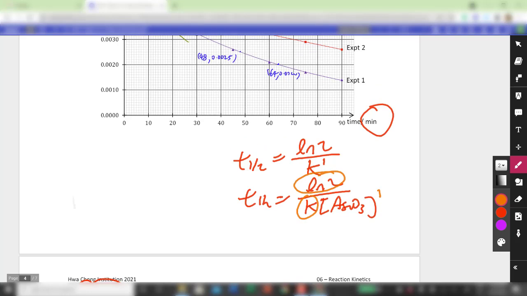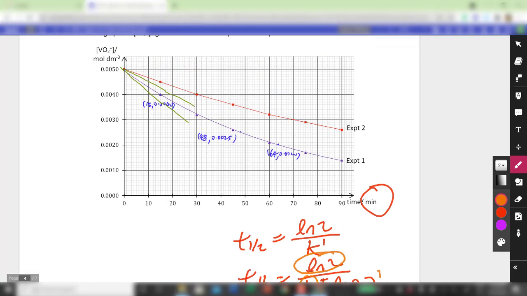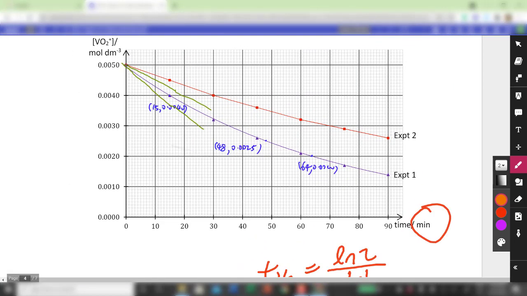Some of the students might be wondering, can I use the t half as an argument to prove that it's first order kinetics for As2O3? You can use t half as an argument if experiment 2 is conducted beyond 90 minutes.